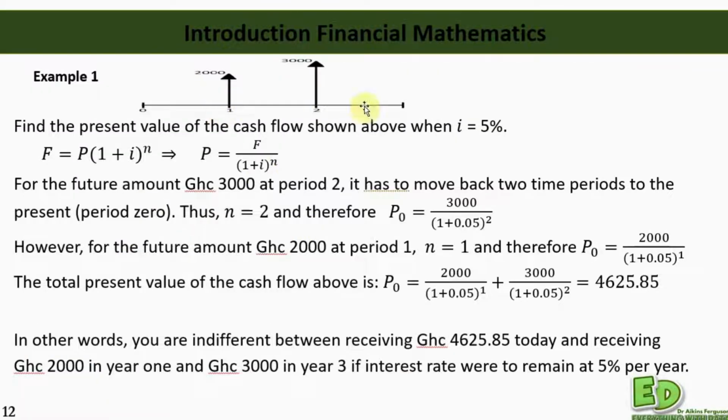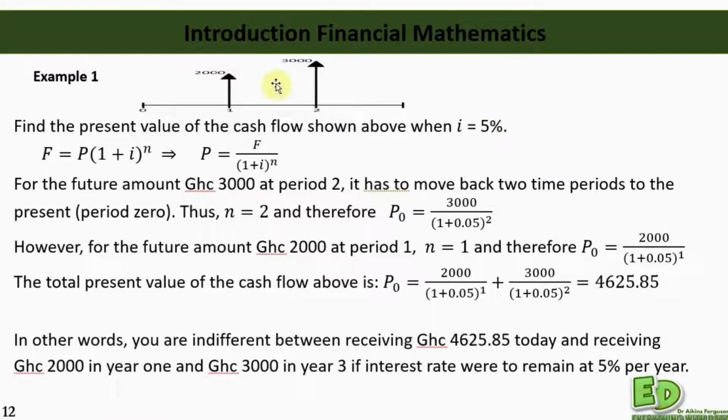Right. So let's take this example here. We have a cash flow diagram here. Period 0 here, that's the present. Period 1, inflow 2,000, period 2, inflow 3,000. Find the present value of the cash flow shown above when interest rate is equal to 5%.